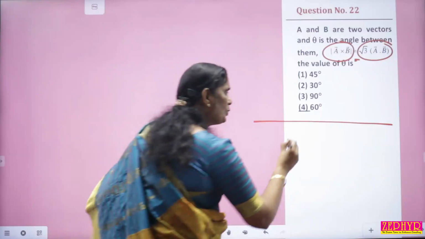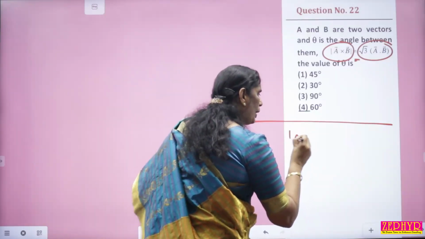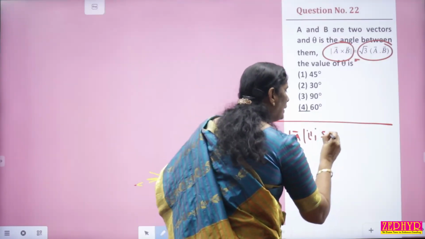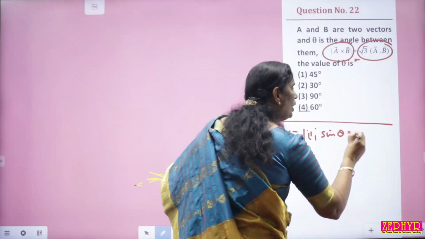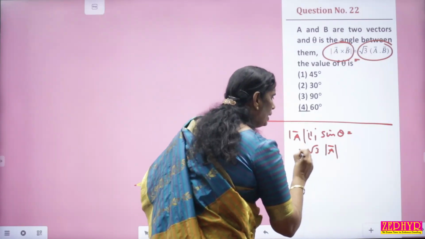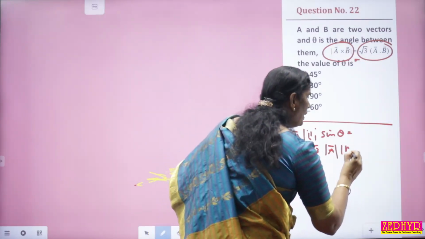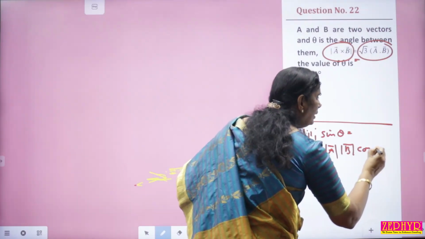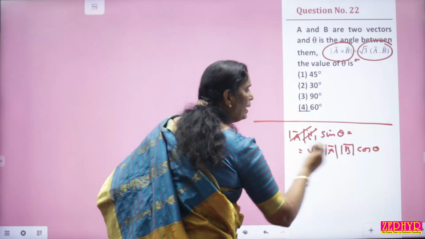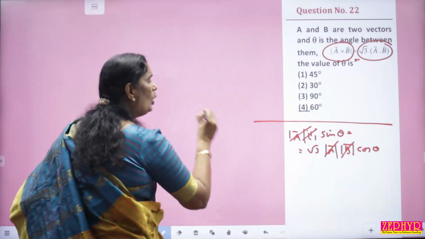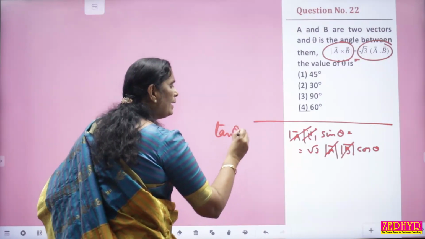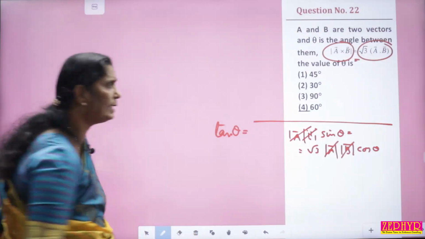So mod A mod B sin theta is equal to root 3 mod A mod B cos theta. That's all. So mod A mod B gets cancelled. So sin theta by cos theta, sin theta by cos theta will be tan theta.